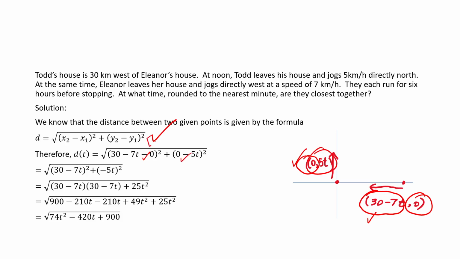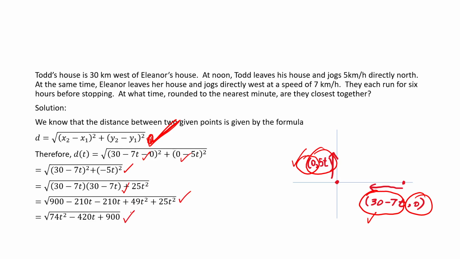So again, using this formula that we learned in an earlier grade, it's the square root of (30 minus 7t minus 0) quantity squared plus (0 minus 5t) quantity squared. Now, doing some relatively simple algebra, we have to multiply 30 minus 7t times 30 minus 7t and then add 25t squared to that, all under the square root.